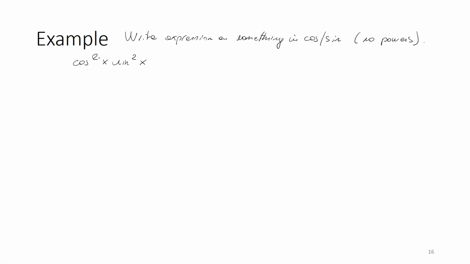So this is what we start from, cosine squared sine squared, and we want something that doesn't have any power. So no more square and no more square here.